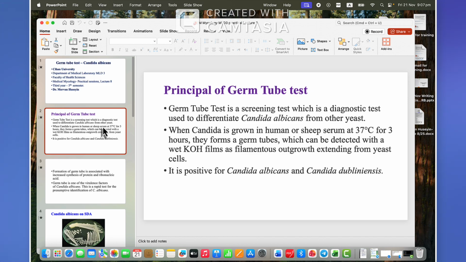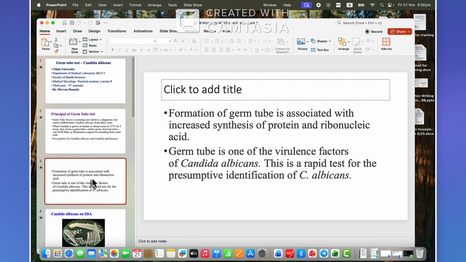So we detect the germ tube in serum after incubation at 37, and it is positive in Candida albicans and Candida dubliniensis, just those two species, but the other species are negative.